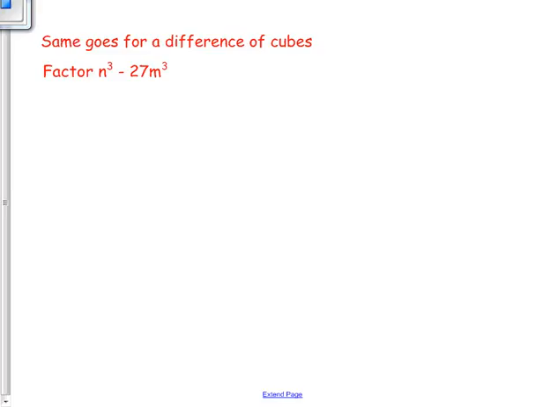So first thing we do, let's use those brackets. What was our first step? Yeah, cube roots. So we've got n, and then in the back, 3m. And then what was the second step? Squared.